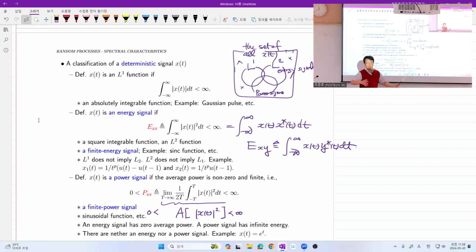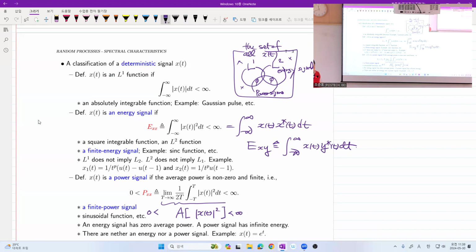If you integrate, it blows up to infinity. So as I told you, this is empty, this is empty. Got it? By definition. And your friendly sinc pulse, right? If you calculate this one, it blows up, because 1 over t, if you integrate, blows up.